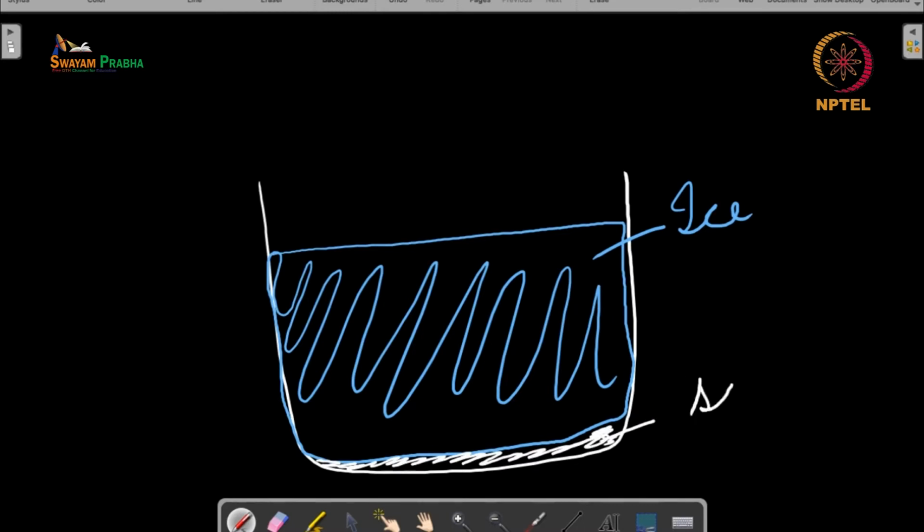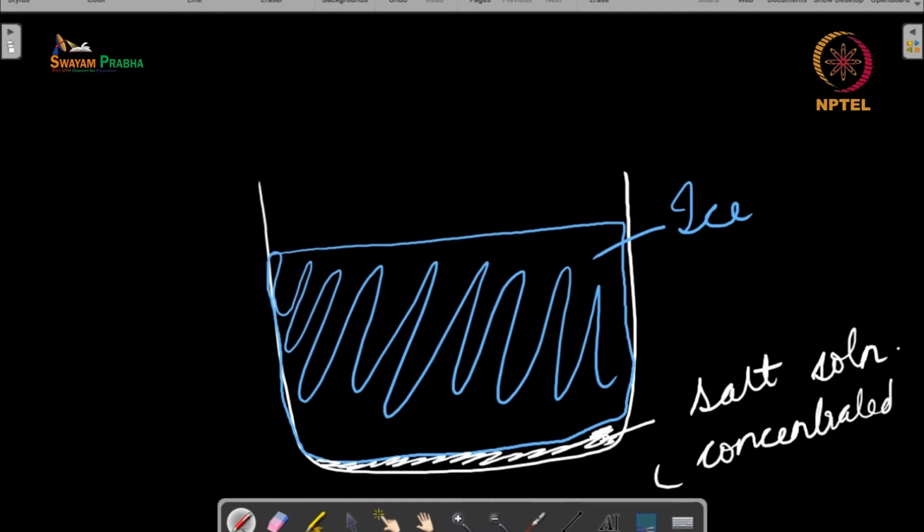So this is a salt solution which is highly concentrated. So when we talk about phase separation, it is the separation of both the phases, the solute and the solvent. And it occurs when the solution is put up for freezing.